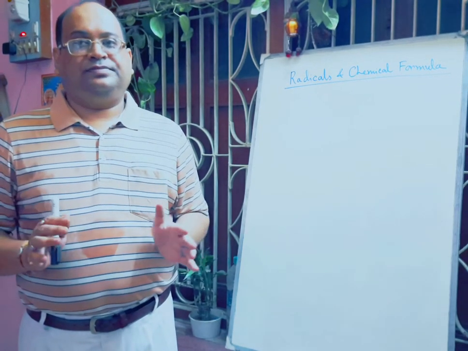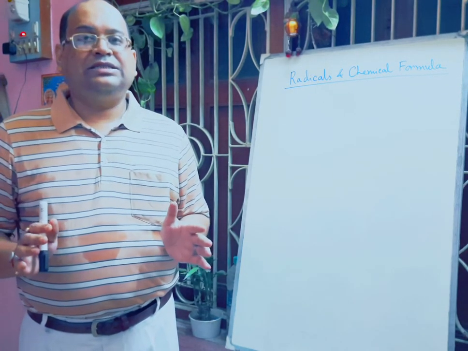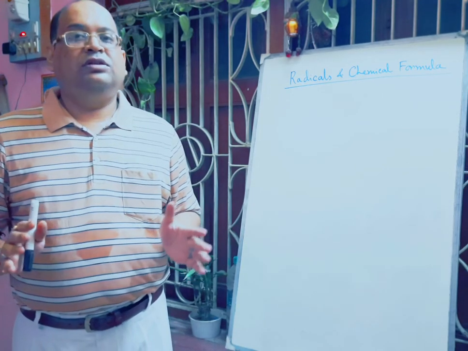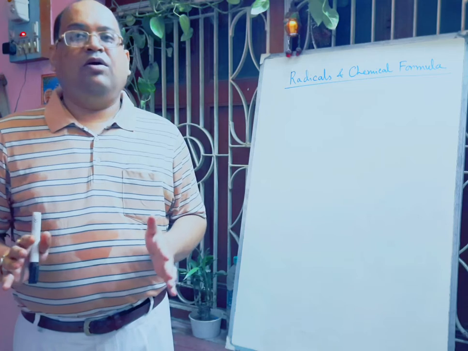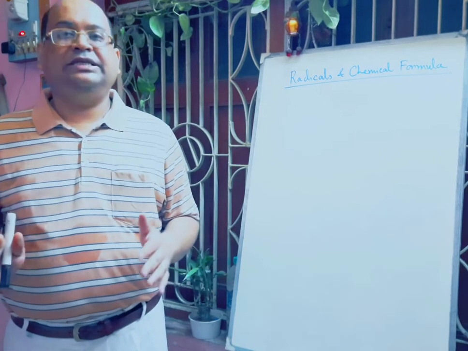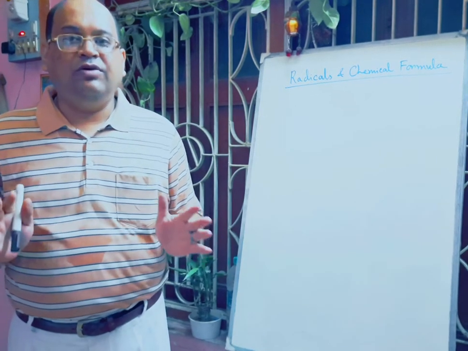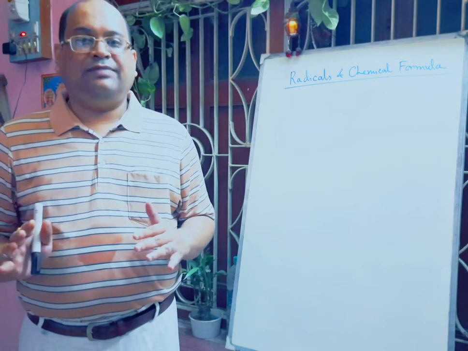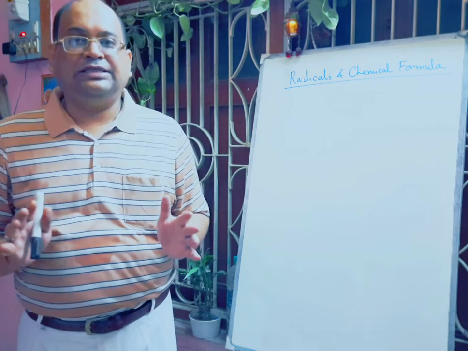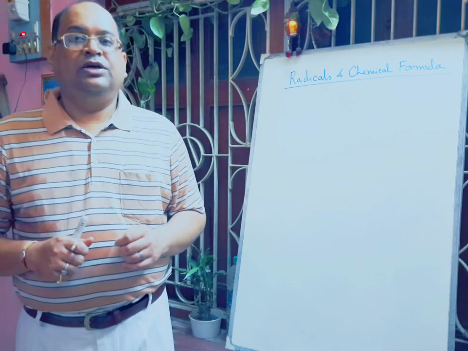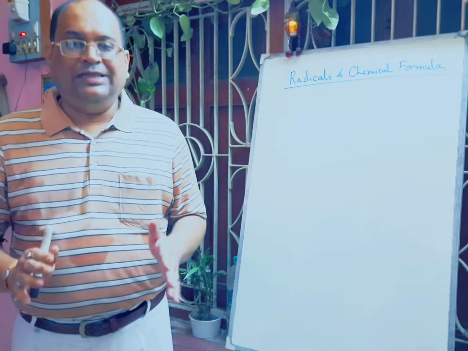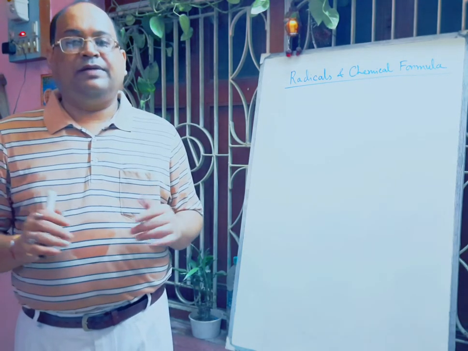Next, we will discuss how to write the formula of a compound. You have to know the symbol and valency of both the acid radical as well as the basic radical properly. Without knowing formula writing in chemistry, you cannot study the subject properly. What is the meaning of chemistry?